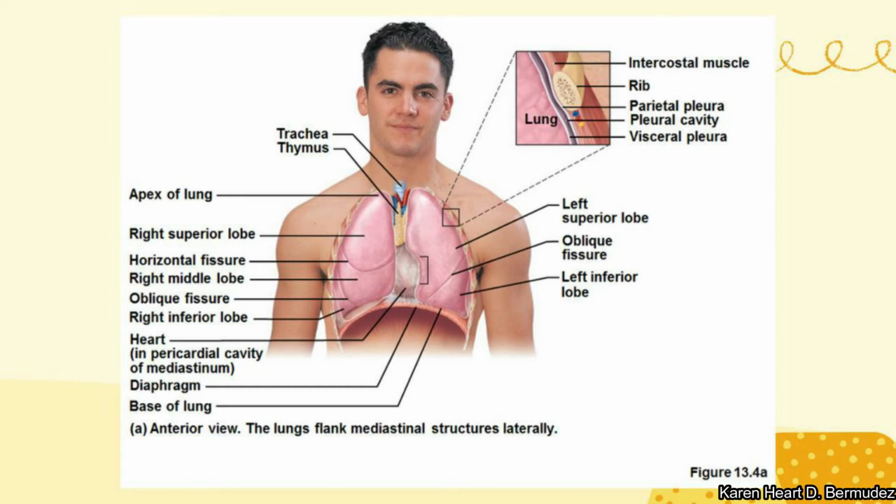It is separated from the right upper lobe above by the horizontal fissure and the right lower lobe below by the right oblique fissure, and is subdivided into two bronchopulmonary segments. The oblique fissure extends from the costal to the mediastinal surface of the lung, both above and below the hilum.